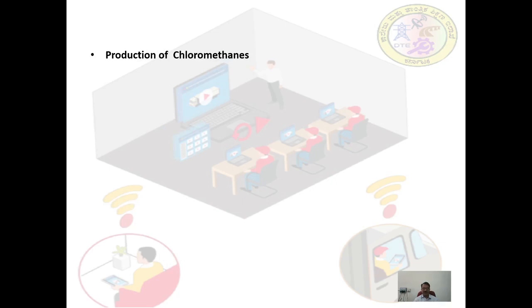Chloromethanes, namely methyl chloride CH3Cl, methylene chloride CH2Cl2, chloroform CHCl3, and carbon tetrachloride CCl4, are produced by direct chlorination of methane in a gas phase reactor without any catalyst.